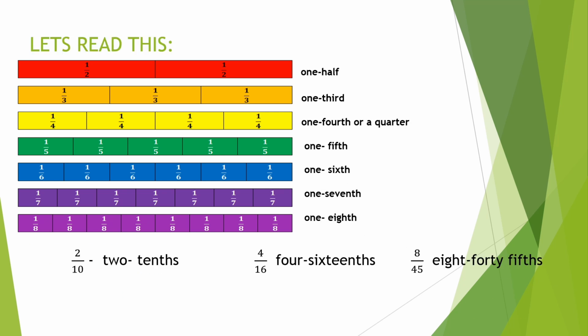1/2 is read as one-half. You know it, right? 1/3 is one-third or a third. 1/4 is one-fourth or a quarter. 1/5 is read as one-fifth only, with a hyphen between the two words, one cardinal and one ordinal. 1/6 is read as one-sixth or a sixth. 1/7 is read as one-seventh or a seventh.